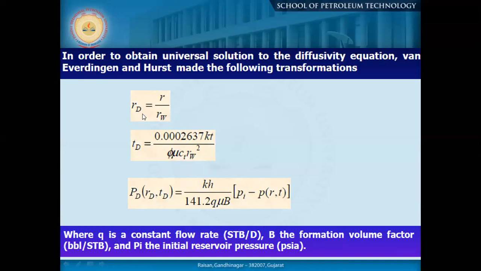You can convert it into the universal or dimensionless parameter. So on the left side you have the dimensionless radius, which is related to r. r means the external radius and r_w is the wellbore radius. Whereas t_D, the dimensionless time, is related to our normal field time t and other parameters.